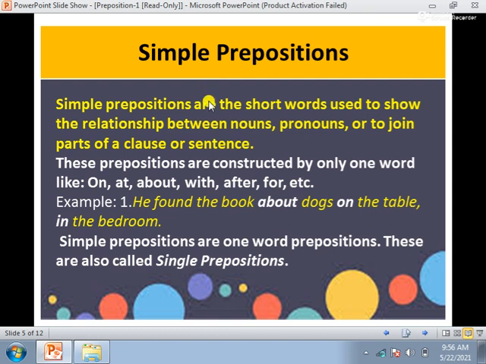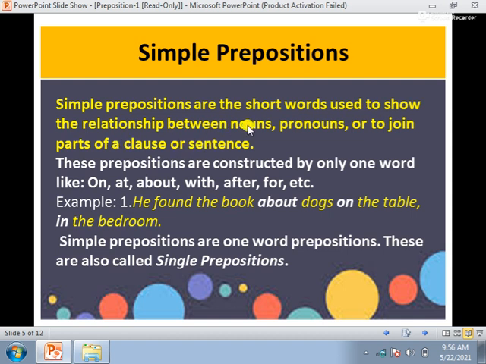What is a simple preposition? By the word simple, you can understand easily that it refers to a very simple fact. Simple prepositions are short words used to show the relationship between nouns or pronouns, or to join parts of a clause or sentence.